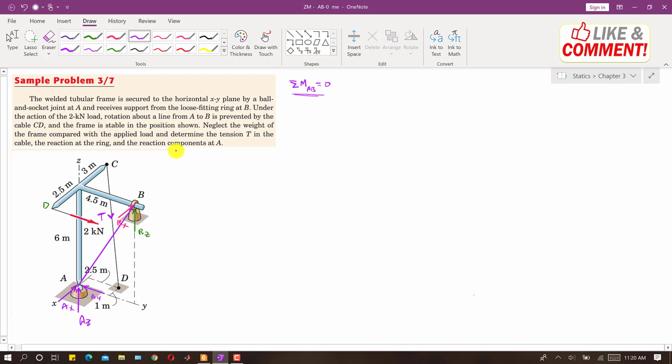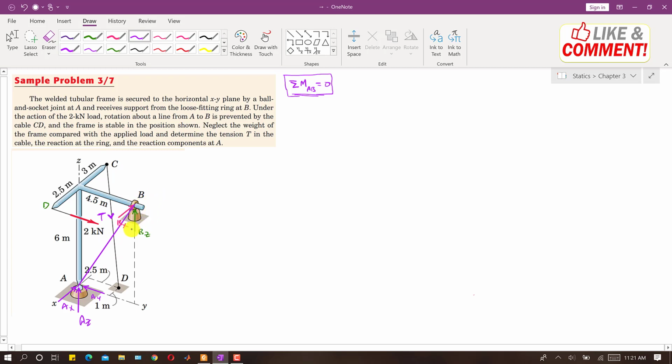To solve this problem, we have to find the moment of all the forces about the AB line. As we can see, AX, AY and AZ are passing through this point A, and BX and BZ are passing through this point B, which is part of the AB line.